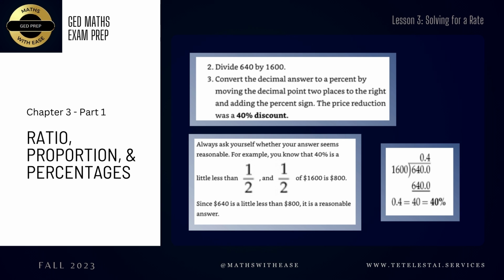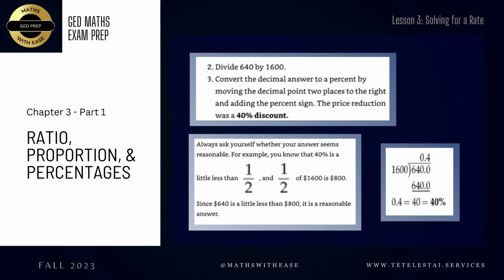So you always want to ask yourself whether your answer seems reasonable. For example, you know that 40% is a little bit less than 1/2, right? And 1/2 of 1,600 is around 800. So we said in our answer that this 640 represents 40%.